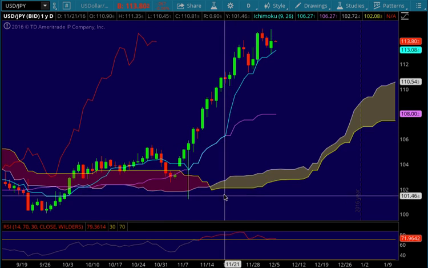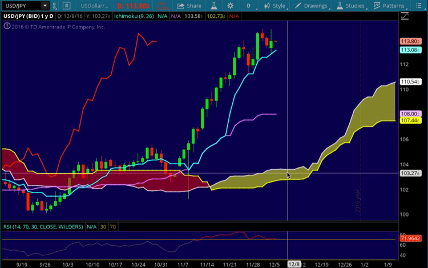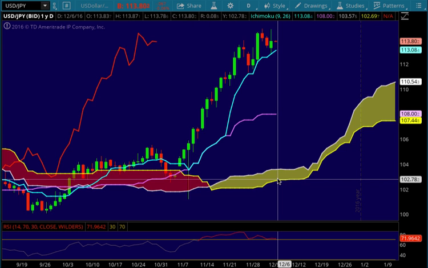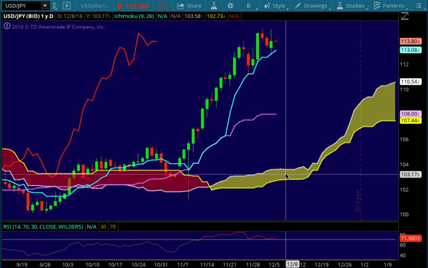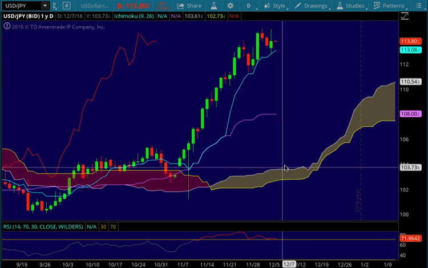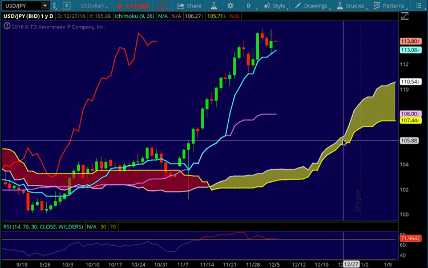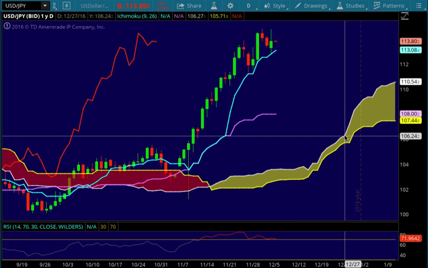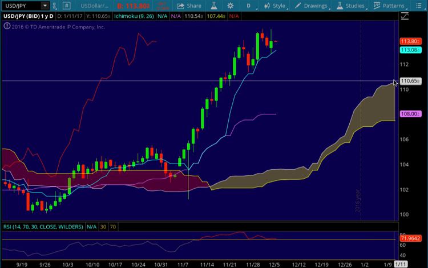As far as the cloud goes, we do have a rising cloud, but it's pretty thin. We don't really have to think about it until we get near it, and we're so far away from it that we don't have to really think about the cloud as far as acting as support. We do have a rising, also thin cloud going all the way into the end of 2016 and the beginning of 2017.